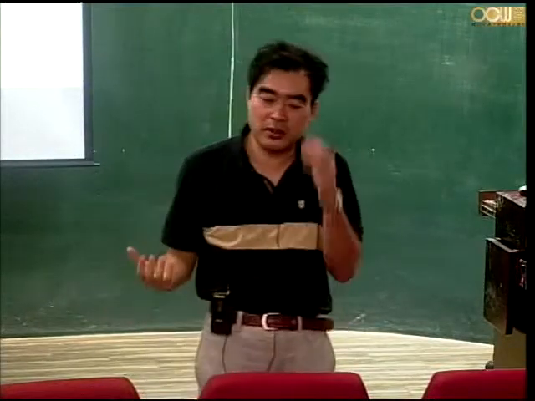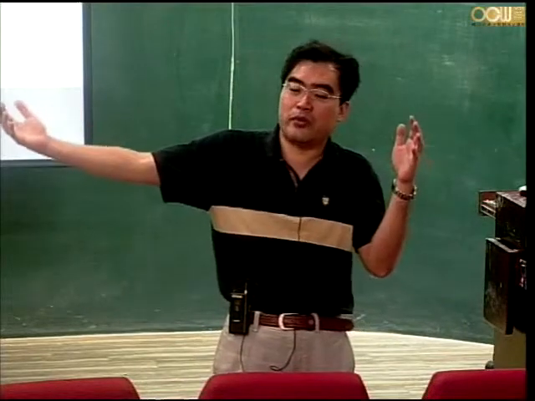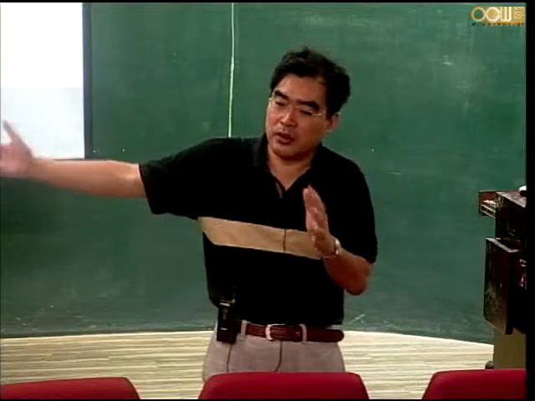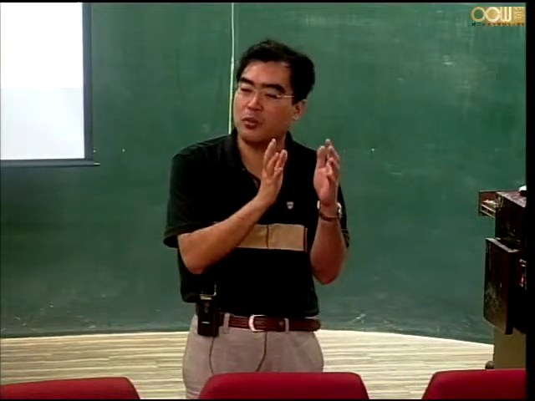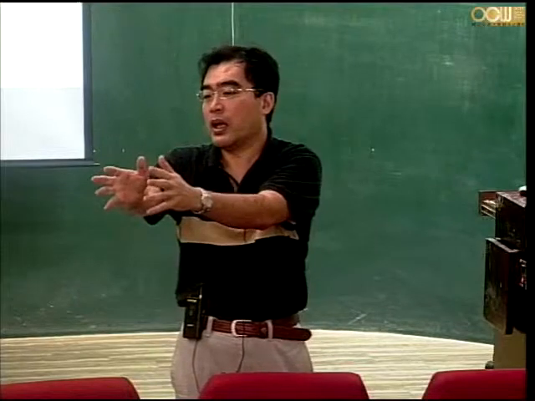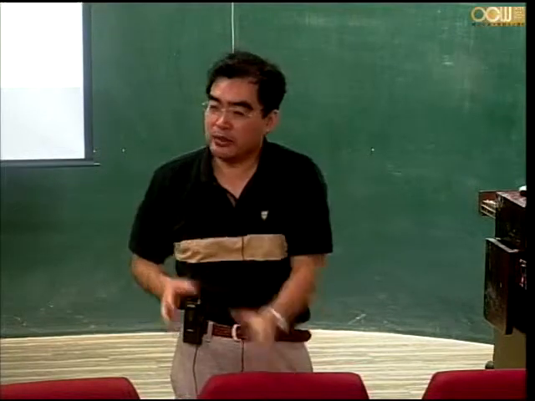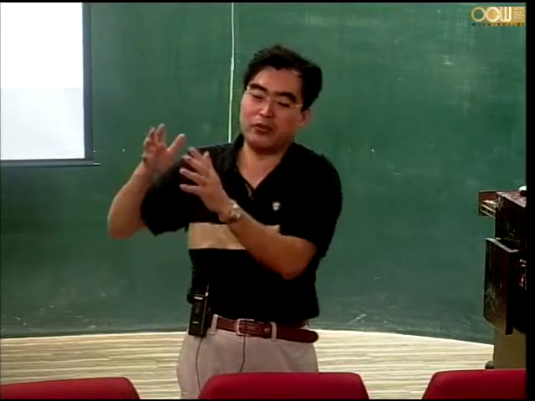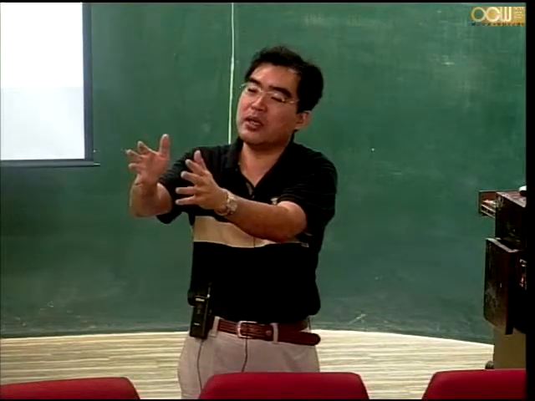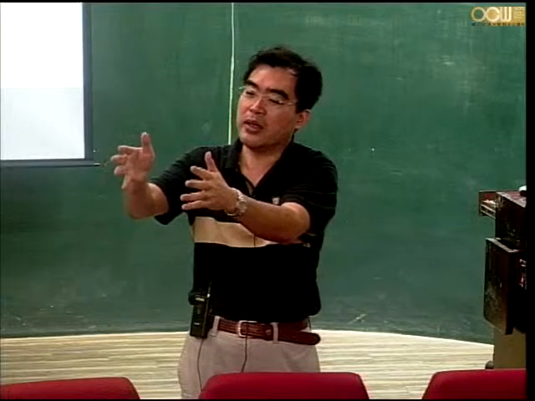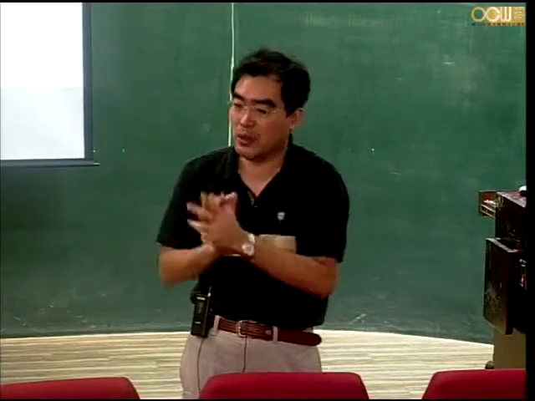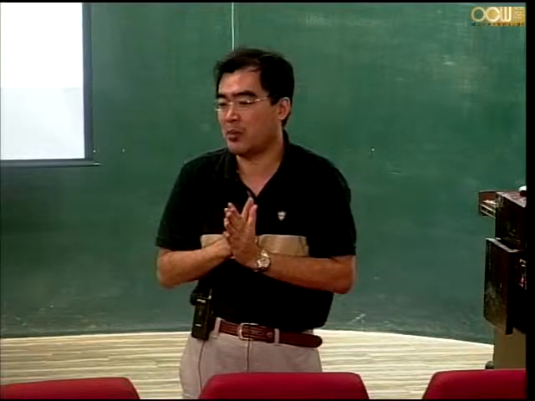So let me repeat again. I want to send a big frame. Instead of sending it directly, I send a small frame, which is called RTS, to you. I'm telling you, hey, I'm going to send you a big frame, and please send a clear to send to me and all your neighbors, telling them to keep silent for that period of time because there's a big frame coming in.